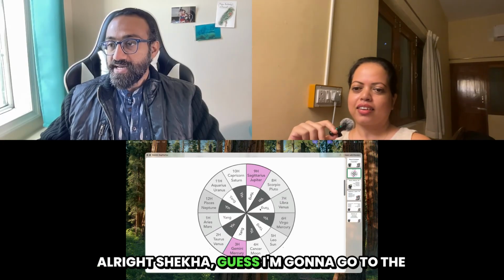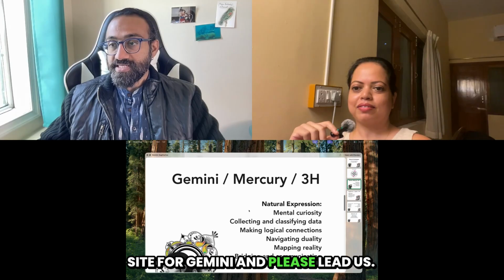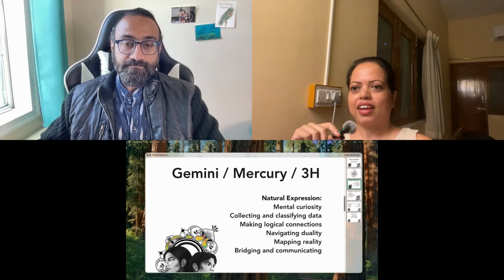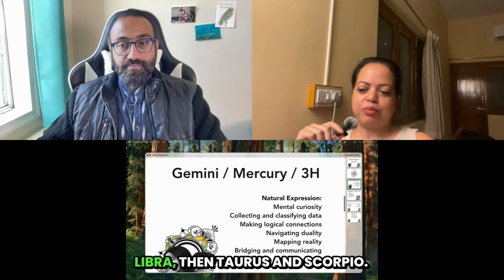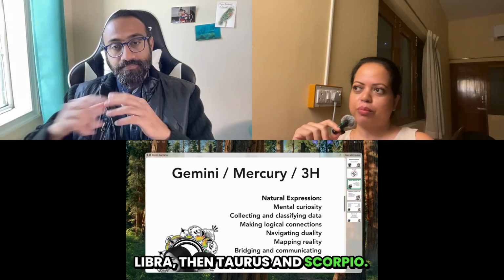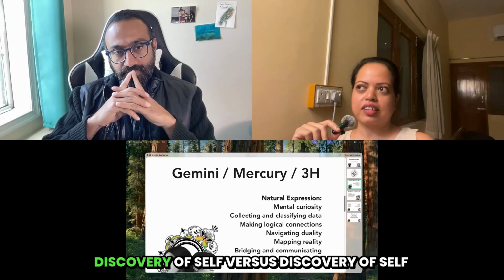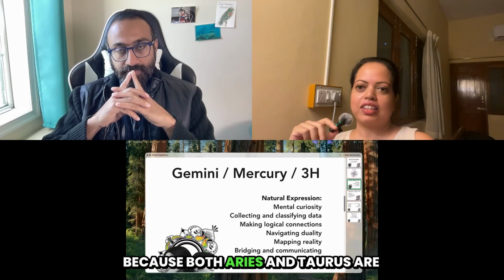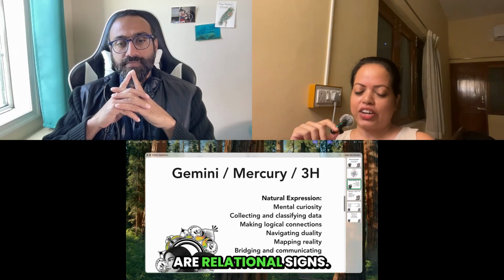All right, Shikha, I'm going to go to the slide for Gemini, and please lead us. Yeah, like Chaand said, we did Aries and Libra, then Taurus and Scorpio, and the theme they had in similar was discovery of self versus discovery of self in relationships, because both Aries and Taurus are self-focused signs, and Libra and Scorpio are relational signs.